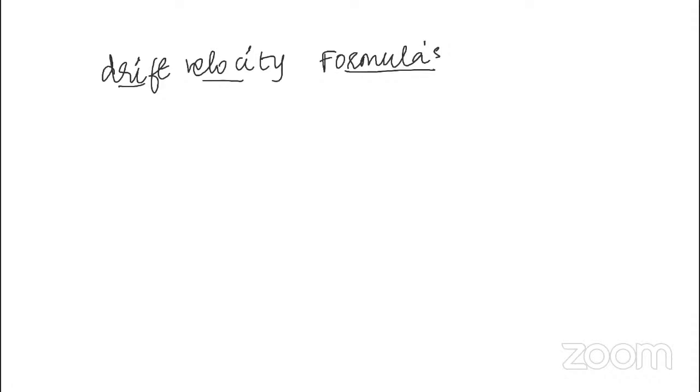From the previous class I told you one formula, that is I = n e A Vd. This is a very, very important relation. From this, we can calculate the value of Vd. Drift velocity is represented by the letter Vd.